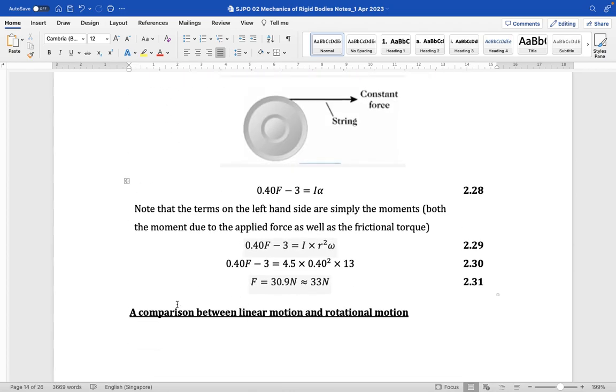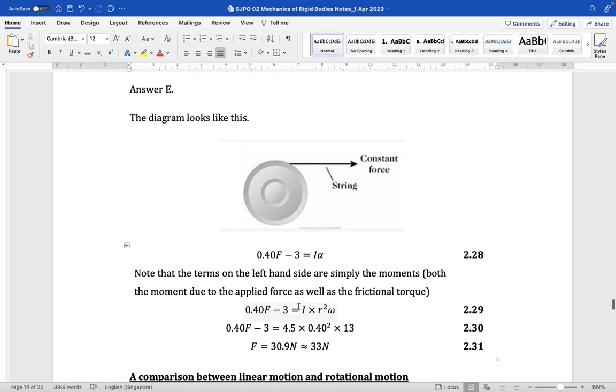So take note, it is easiest to solve these kinds of questions if you keep in mind that rotational motion has an analogy in linear motion. This was nothing but the resulting unbalanced moment. In linear motion, we have resultant force. This moment of inertia is analogous to mass in Newton's laws. And alpha is similar to acceleration.